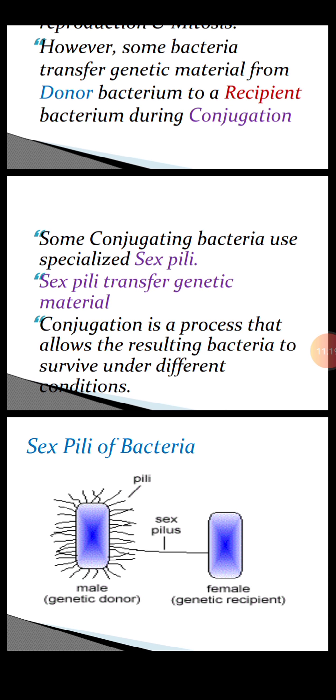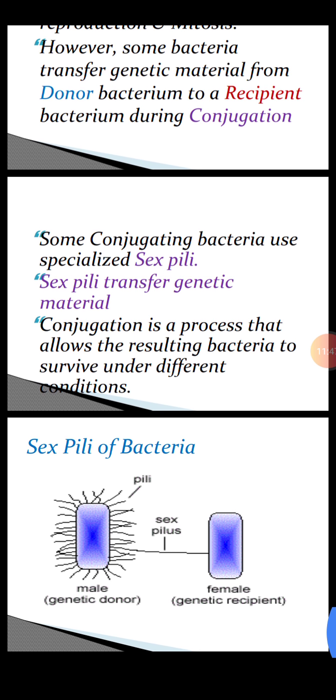Some conjugating bacteria transfer their genetic material from donor to recipient using specialized sex pili. The function of sex pili is to transfer genetic material between donor and recipient. Conjugation is a process that allows the resulting bacteria to survive under different types of conditions.